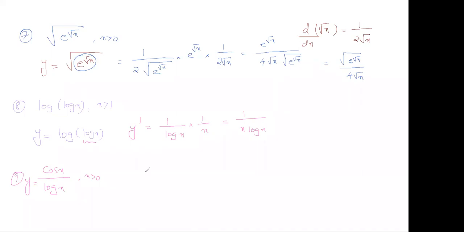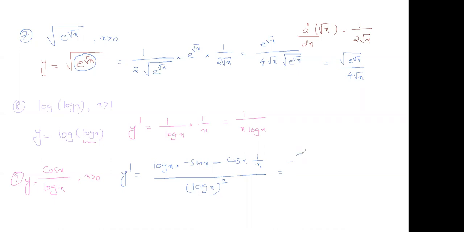So y dash is equal to denominator, log x, into the derivative of the numerator cos x, which is minus sin x, minus numerator cos x into the derivative of the denominator log x, which is 1 by x, divided by the square of the denominator, so log x whole square. The answer is done.